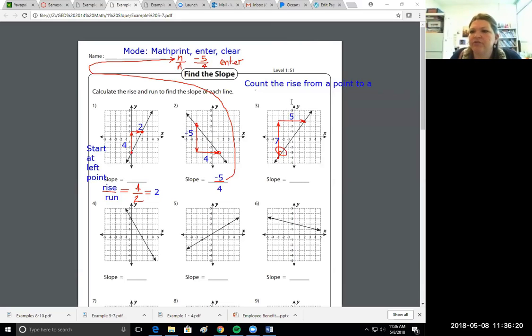And will 7 over 5 reduce? It will not reduce. And again, if you do not believe me, you can go ahead and type that into your TI-30XS calculator. And I promise you, 7 over 5, if you type it in fraction form and press enter, will still come out 7 over 5 because it does not reduce.